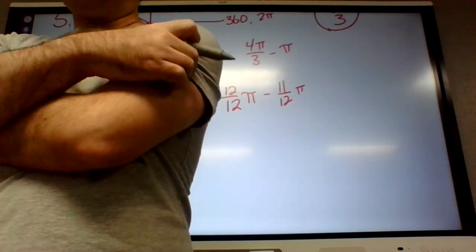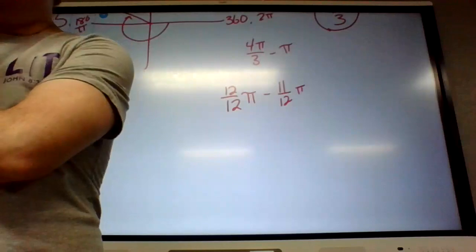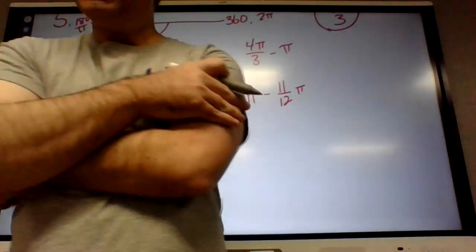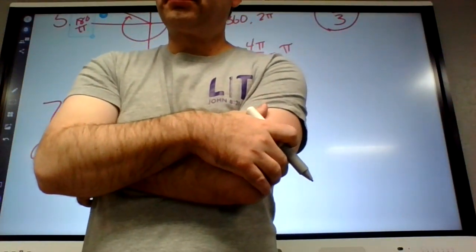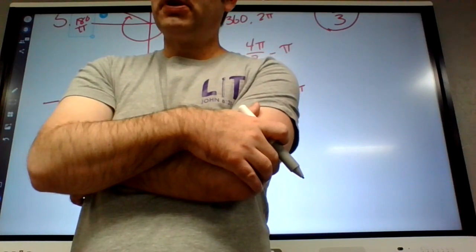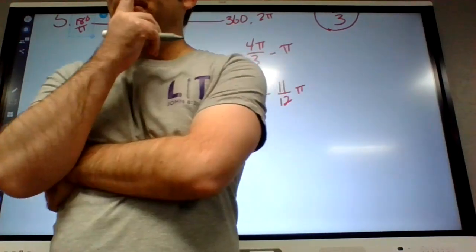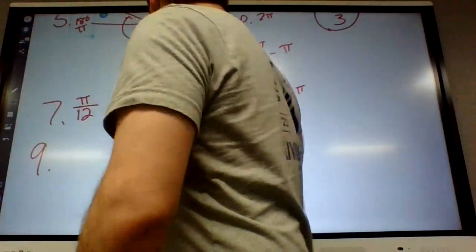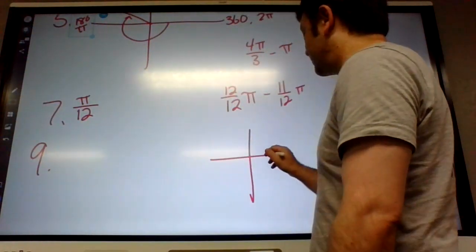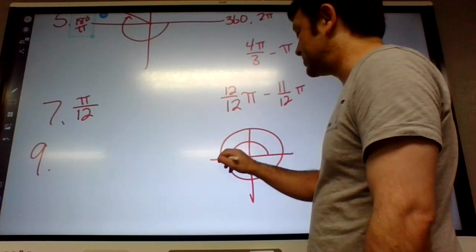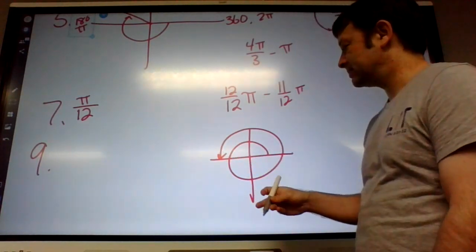Number 9 is kind of the opposite of number 1, or the first page. Here's maybe the best way to do it: if you go a rotation and a half, how many radians is that? You guys know?